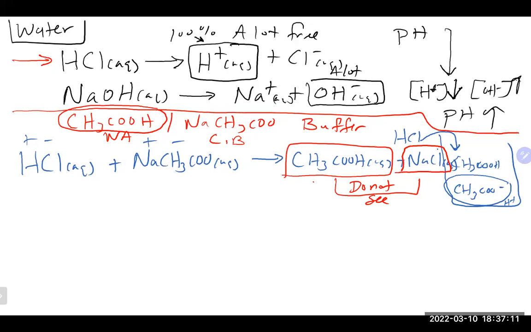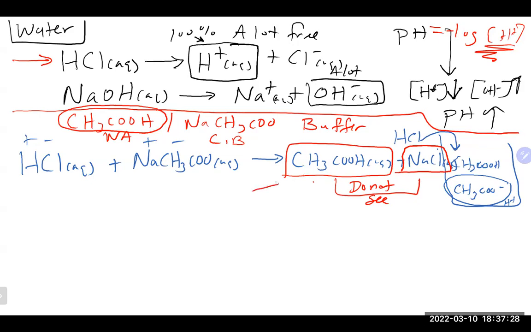And it's really the free H plus, right, that affects the pH, hence the pH equation, which is minus the log of the H plus concentration, right? So when we put it in water, it made a ton of H plus all over the place, causing the pH to change a lot.